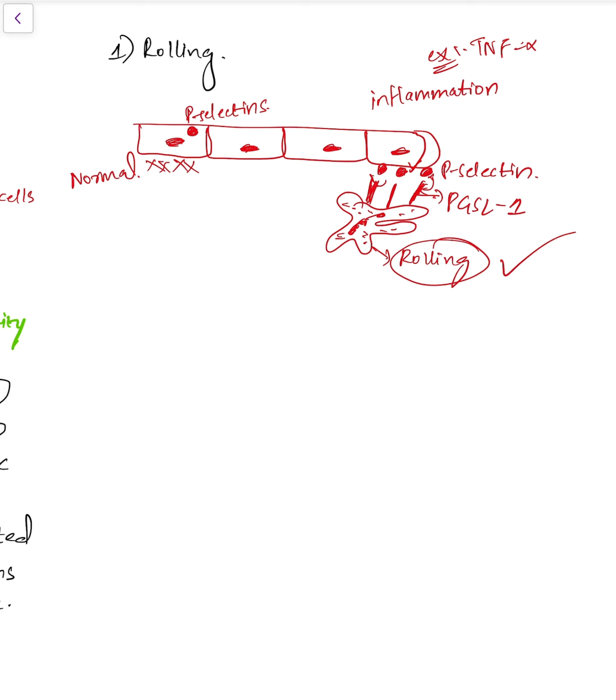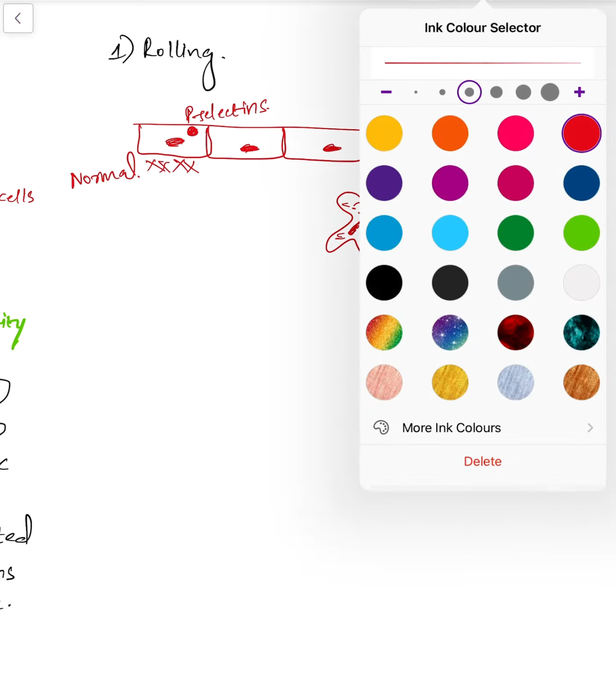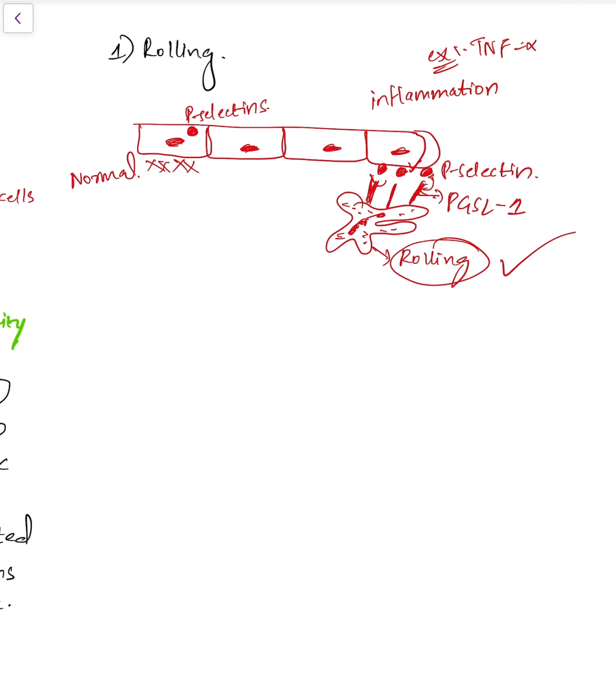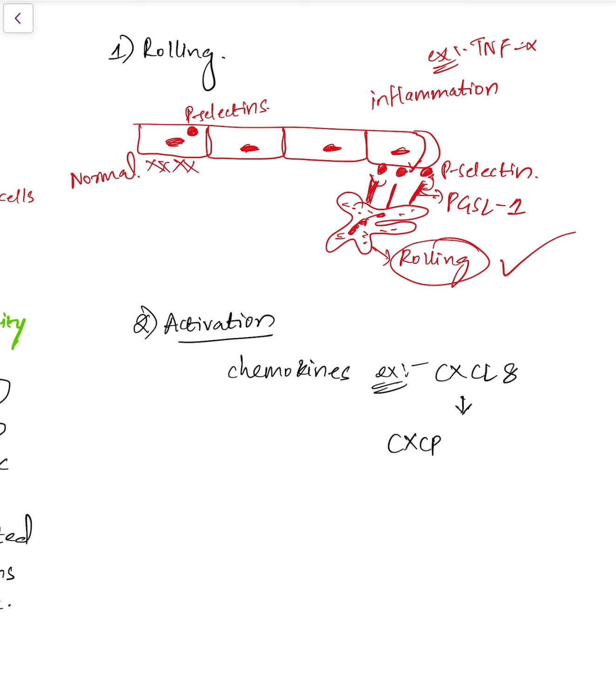Now, after rolling, the second step is activation. What is actually being activated? As we have discussed, there are also chemokines being released, for example CXCL8, which interacts with the CXCR1 receptor on neutrophils.